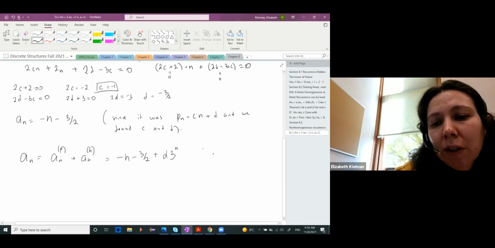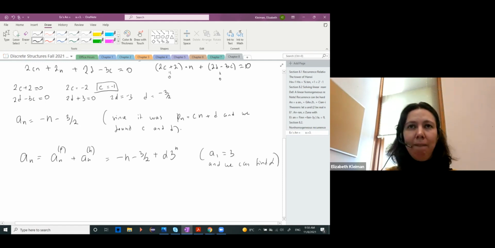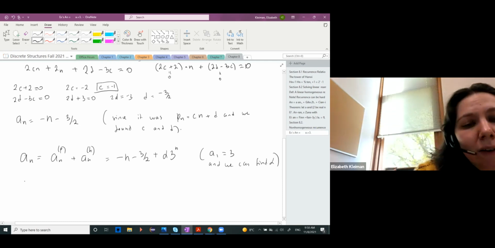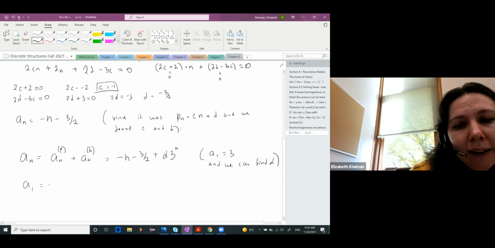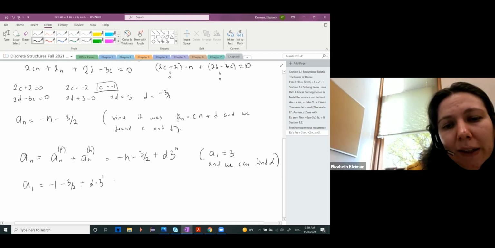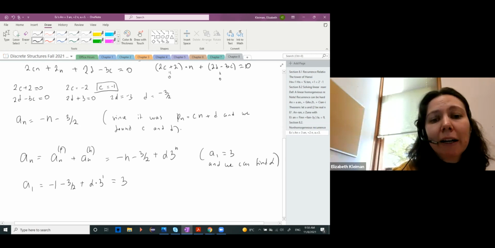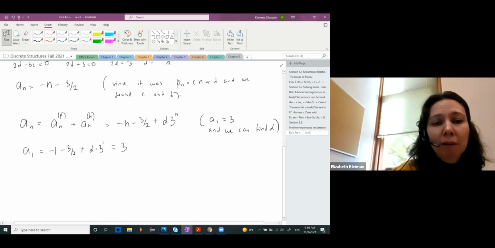Now we know a_1 is equal to 3, and we can find alpha. So a_1 is going to be negative 1 minus 3 over 2 plus alpha multiplied by 3 to the 1, and it also must be 3. I don't need to keep the alpha; I really need a formula without alpha.